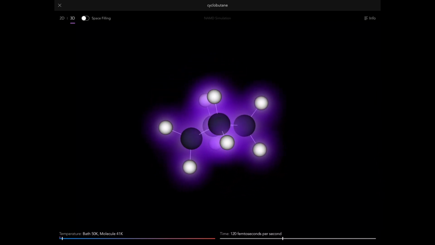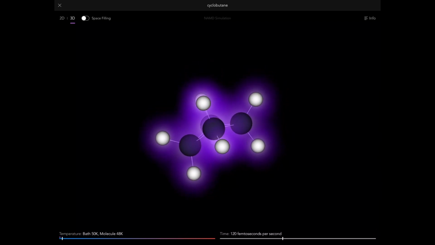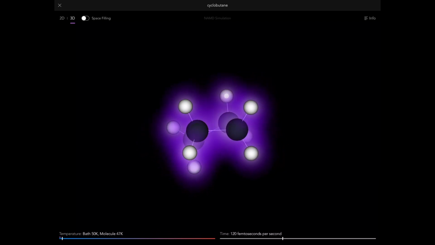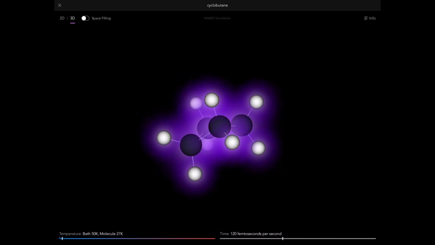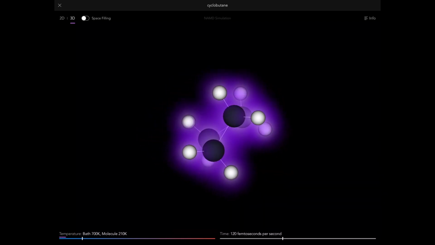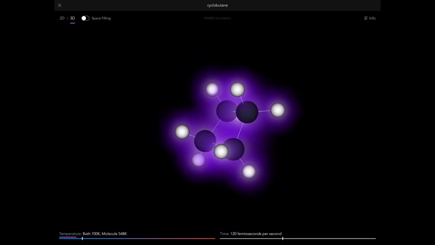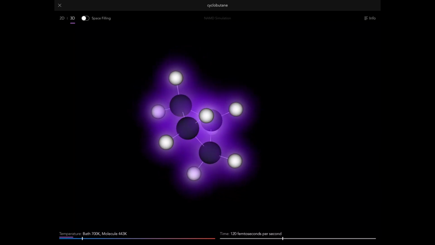You can see that at 50 Kelvin, it's pretty well in that puckered conformation with carbon-hydrogen bonds wiggling a little bit. If we turn up the bath temperature, we may be able to see it start to shift from one pucker to another.